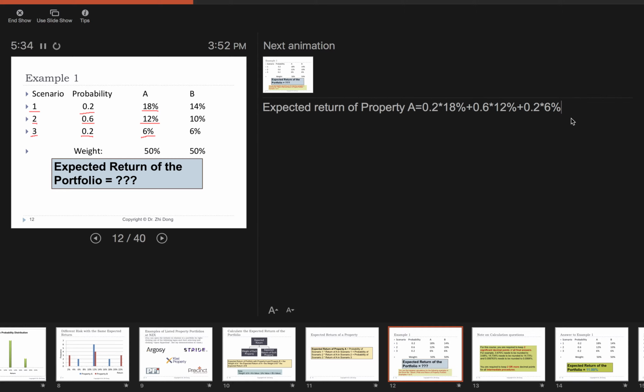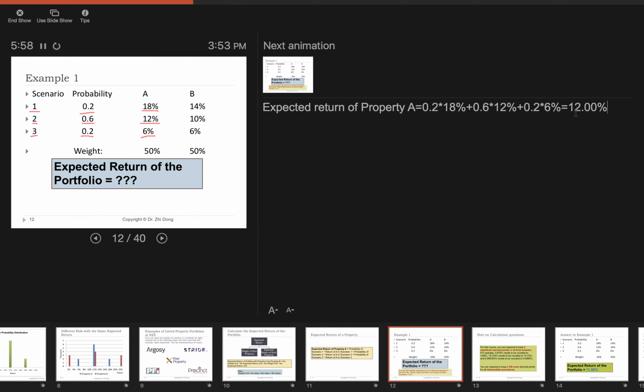That's the complete formula to calculate the expected return of property A. If you input it into a calculator, you will get the answer of 12%. If you like to keep 2 decimal places, 12.00%.